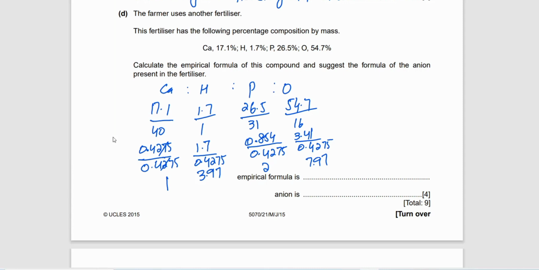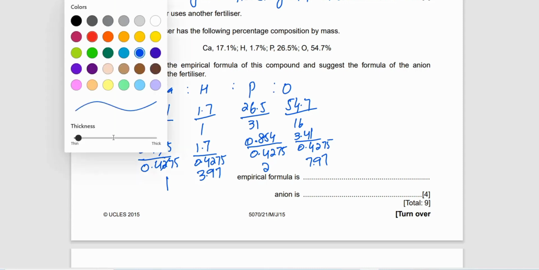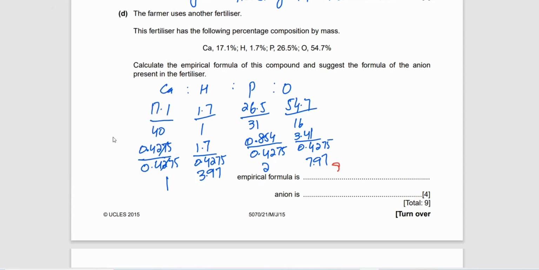We can simply write it like this. It becomes 8, it becomes 2, it becomes 4, and this is 1. Okay, so it means calcium is 1 time, hydrogen is 4 times, phosphorus is 2 times, and oxygen is 8 times. So the empirical formula is this one. This has the same empirical and molecular formula, I think.